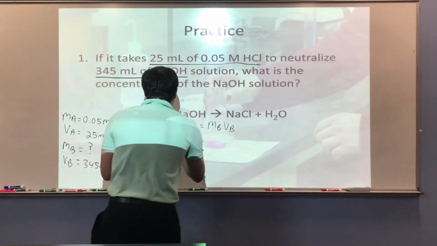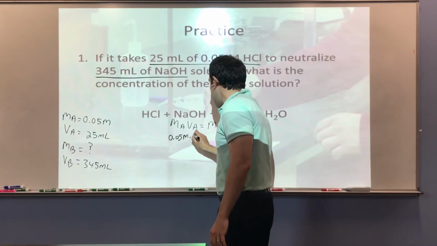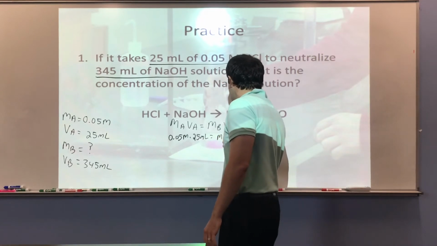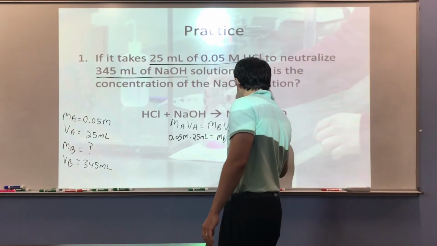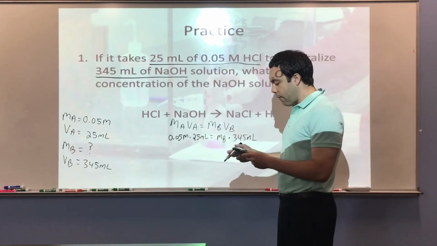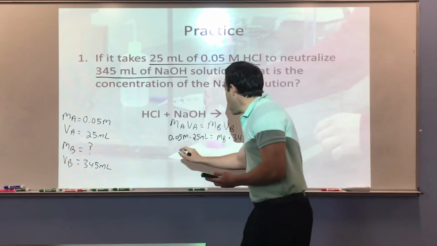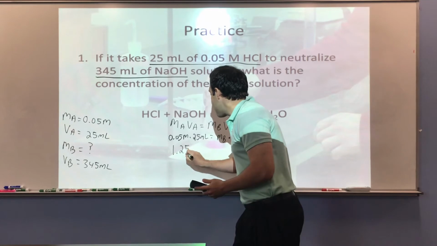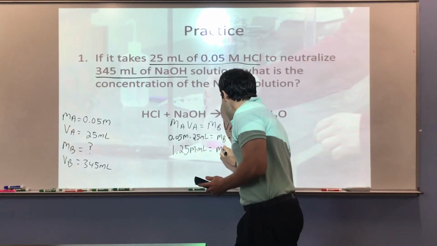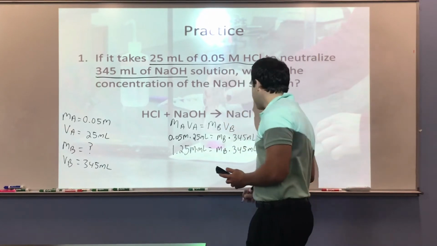We plug in our numbers, 0.05 M times 25 milliliters equals Mb, we still don't know, times 345 milliliters. Next, we multiply 0.05 times 25. 0.05 times 25 is 1.25 molar times milliliters equals Mb times 345 milliliters.